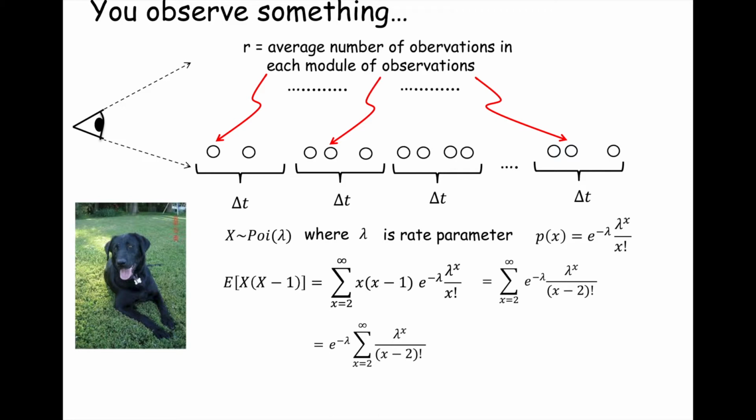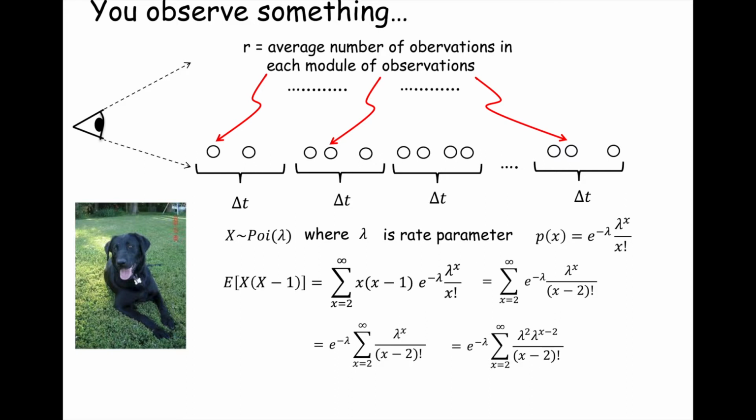So now we can actually start peeling off some of these lambdas. Again, lambda to the x power is nothing more than lambda times lambda times lambda, x many times, right? So if I take the last x minus 2 lambdas multiplied by itself, that's just lambda to the x minus 2 power, but I have these leading multiplications of lambda times lambda out here that I'll keep around.